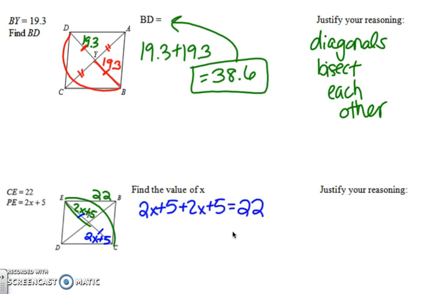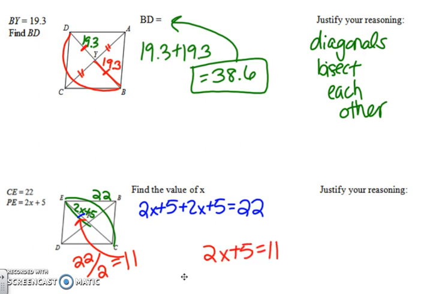And you could solve it that way. Another way, though, which is probably quicker, if you know the whole diagonal is 22, half of 22 is going to be 11. So this little piece should equal 11. So 2x plus 5 equals 11. And then you have a whole lot quicker equation to solve. So x would equal 3.